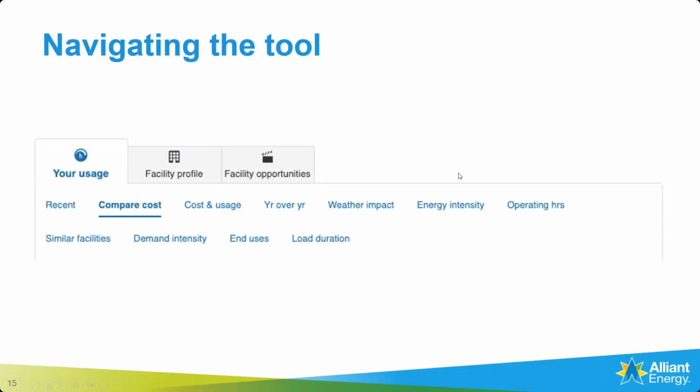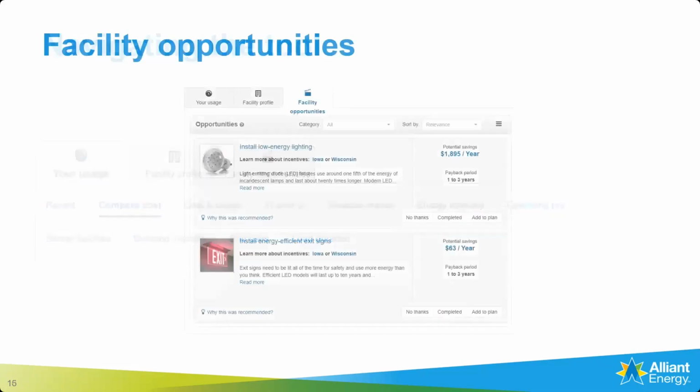I'm actually going to skip ahead just to the Facility Opportunities, just to give you a brief look at what it might return to you for recommendations once you have your facility profile completed. This example shows what is likely a very simple building.